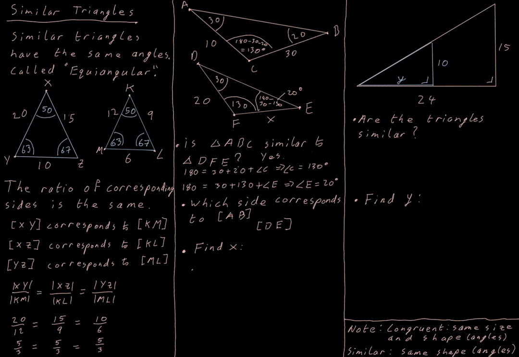So I have the ratio of x all over 30 must be the same as the ratio of my other two sides that I know. I have DF corresponds to AC, which is 10.